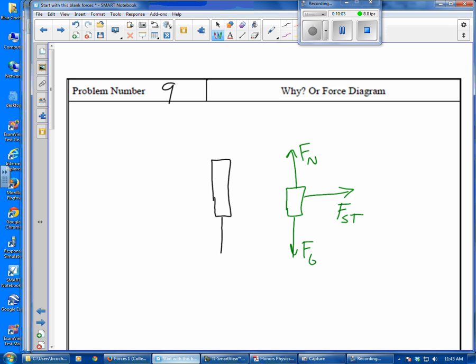And then on Tom, of course, he's going to have his weight and his normal force. And then there'll be a force on Tom due to his sister. And from Newton's third law, we know that those are the same magnitude, they're just in opposite directions.